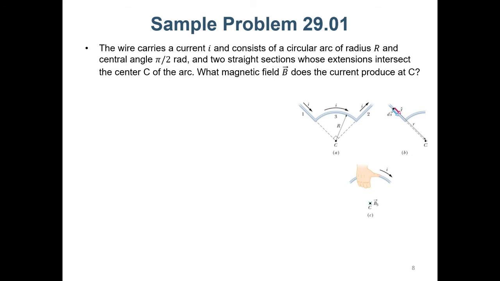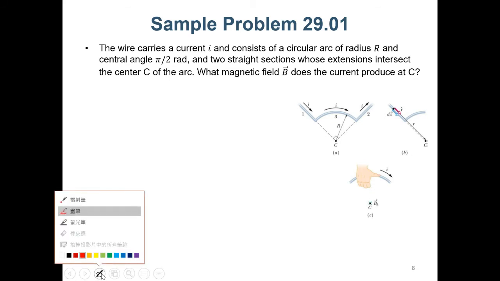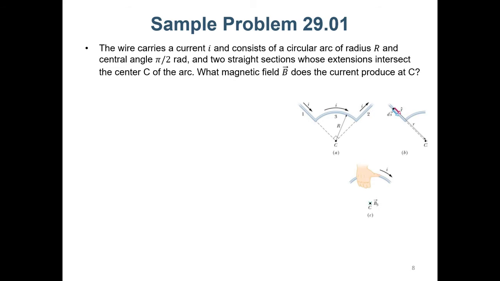So now we consider a sample problem. The wire carries a current I, and consists of a circular arc of radius R and central angle pi over 2, and two straight sections whose extensions intersect at the center C of the arc.